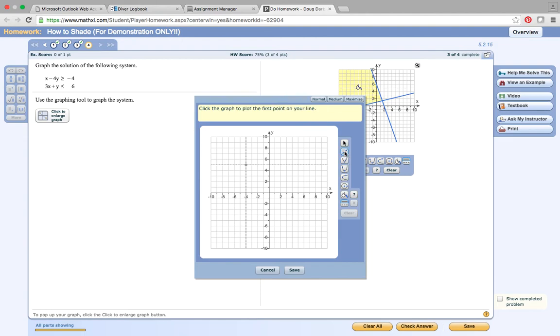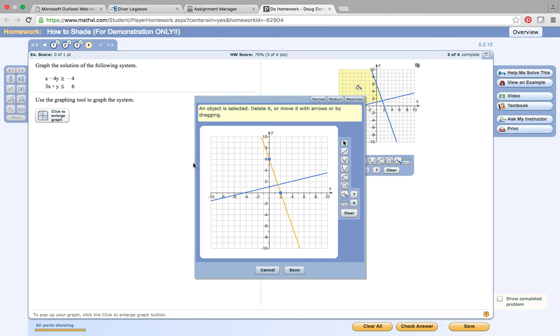So x is -4, y is +1. So we're going to want greater than that, so I'm thinking all the stuff above. And then the second inequality is x equal 2 and y equal +6.